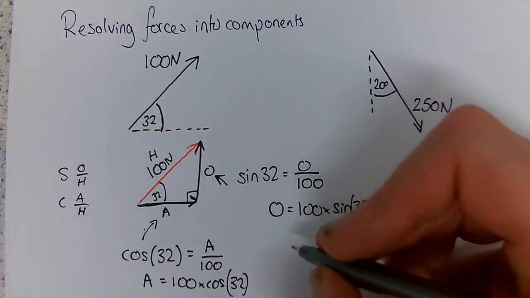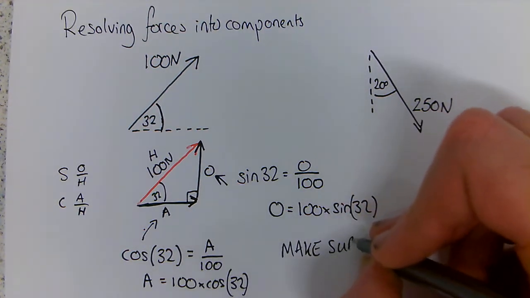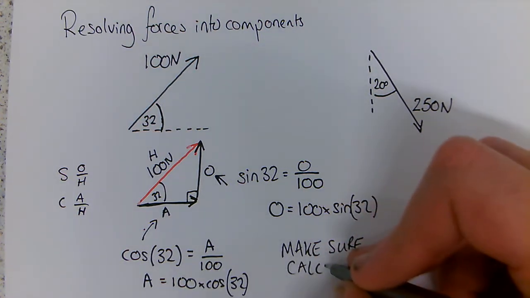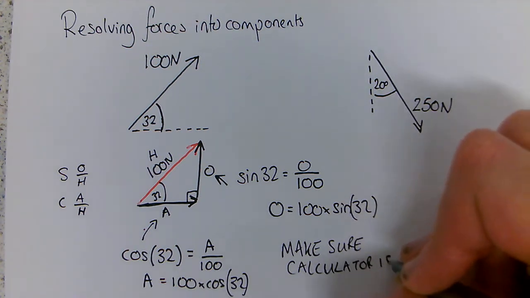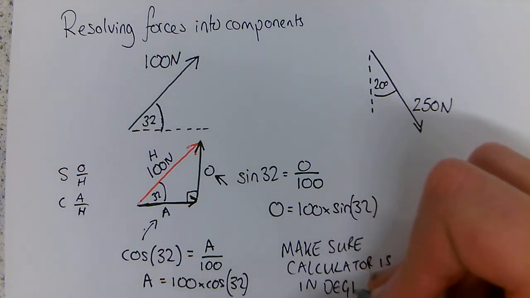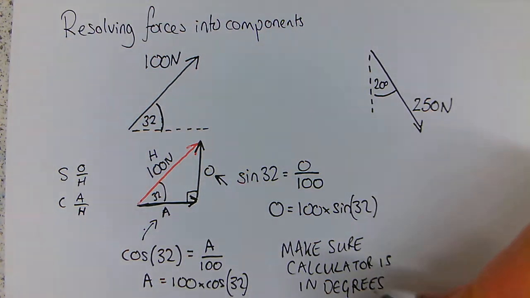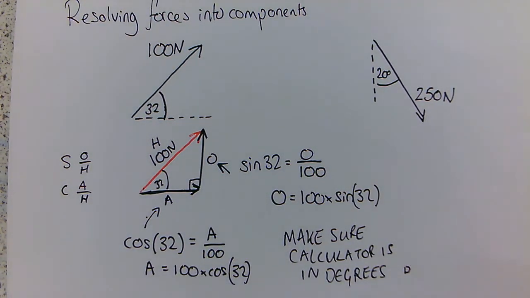Make sure that your calculator is in degrees and not radians. You can usually check, because if it is in degrees you will see a small d at the top of your screen. If it is in radians you would see a small r.